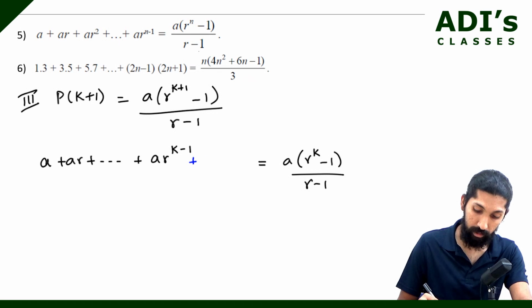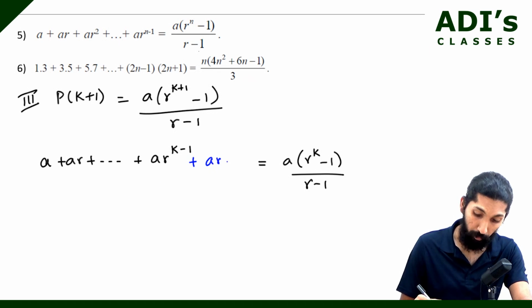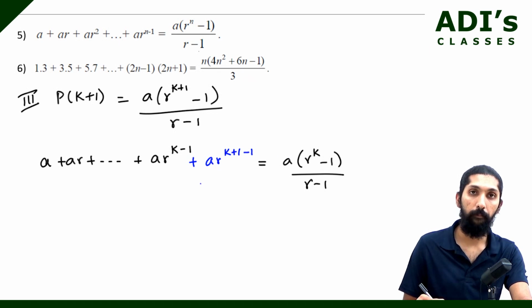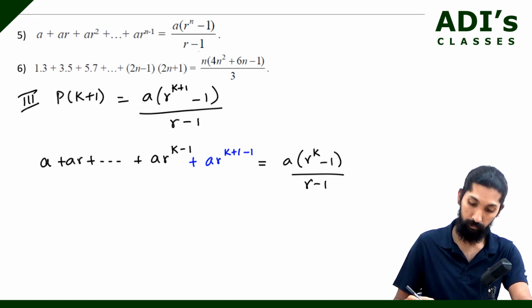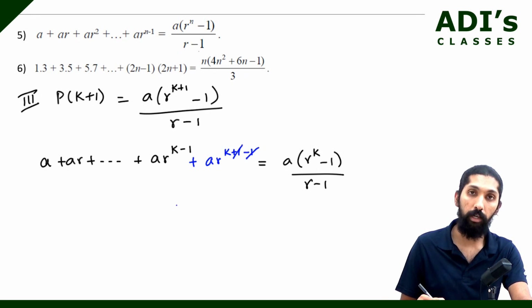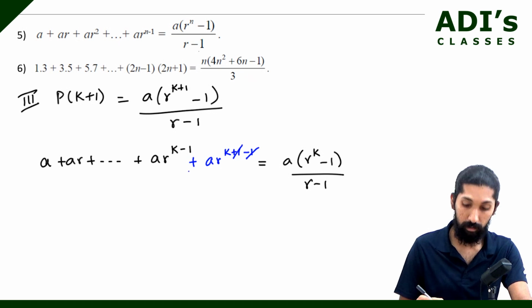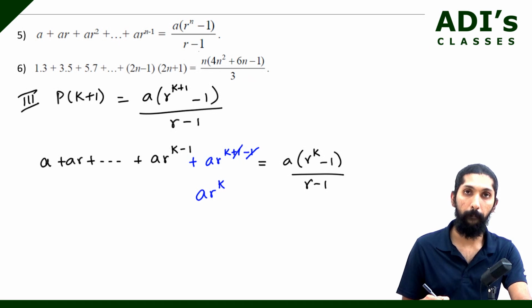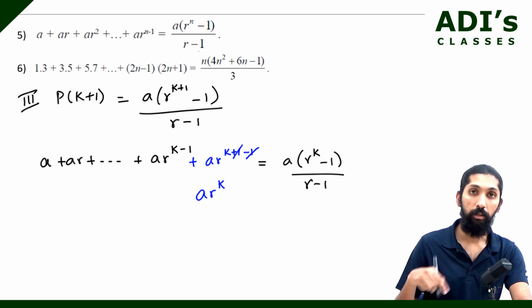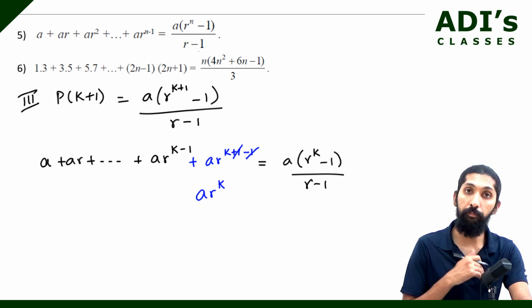So plus, see here, a into r to the power of k plus 1 minus 1, isn't it? In place of k, you put k plus 1. So k plus 1 minus 1. So minus 1 plus 1 cancels. You will get this as a r to the power of k. So we add this to the RHS and prove p of k plus 1.